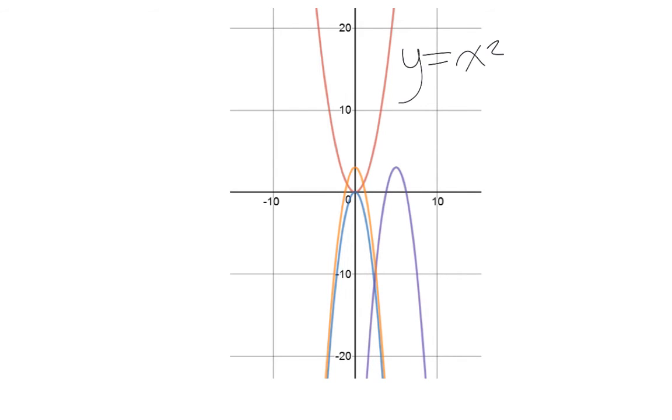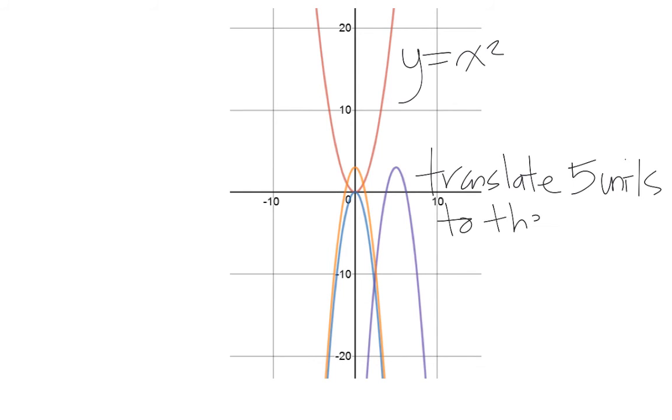Next, we translated our parabola 3 units upwards, which gave us our orange parabola, and last but not least, we translated our orange parabola 5 units to the right, which gave us our purple parabola. So let's make a little note of that. Translate 5 units to the right.